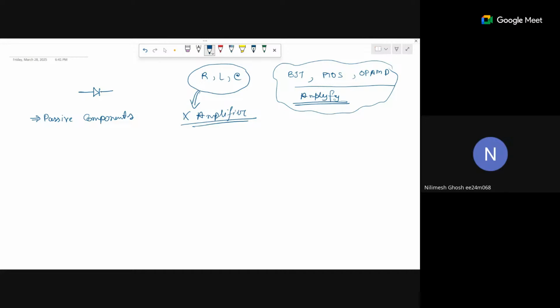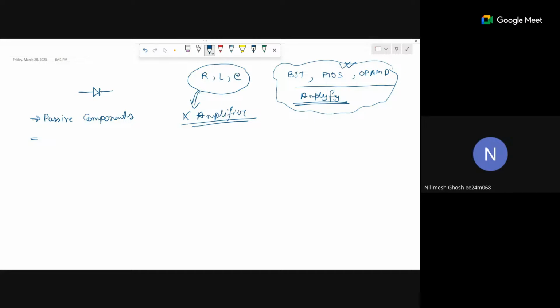Secondly, for an amplifying circuit, we need active components. That's why we need this particular thing. Now, MOS, BJT, op amp have one common thing: they are dependent sources.